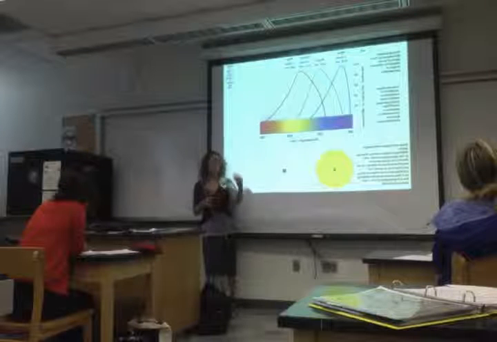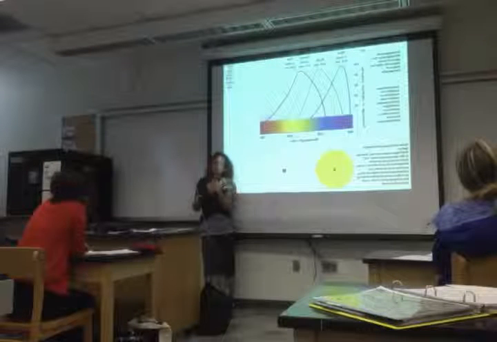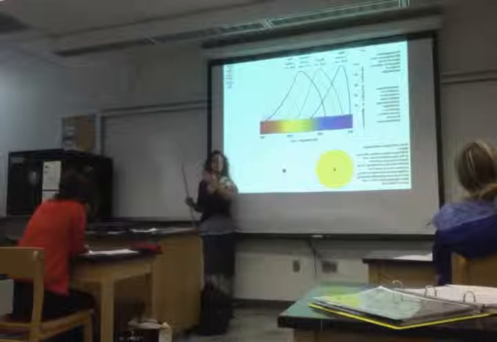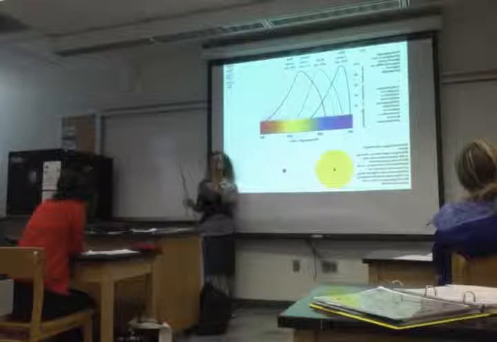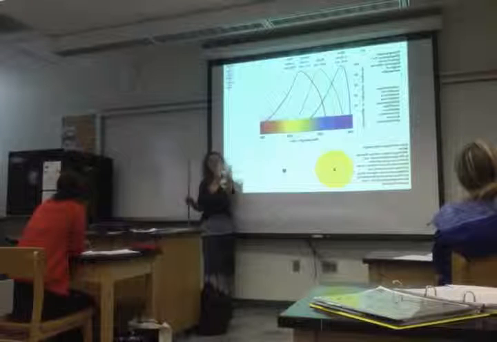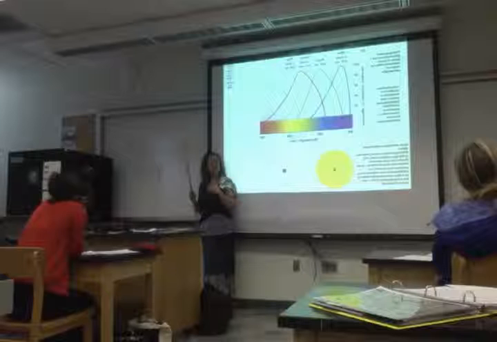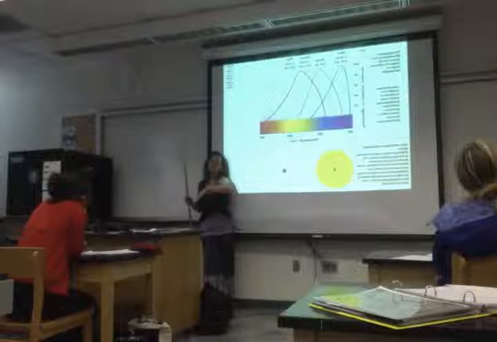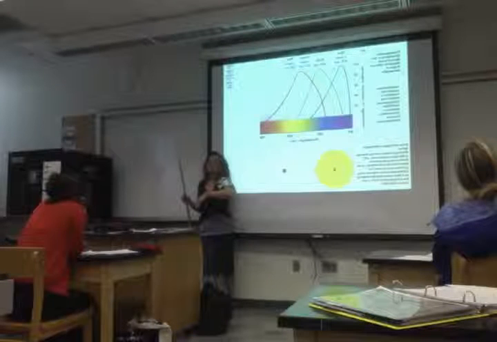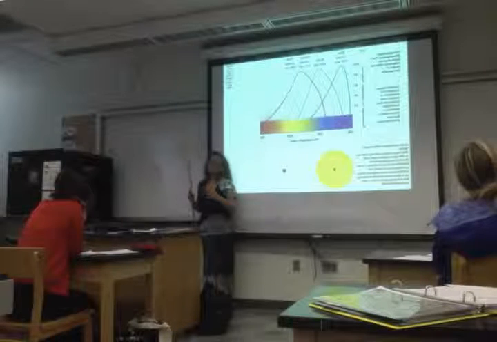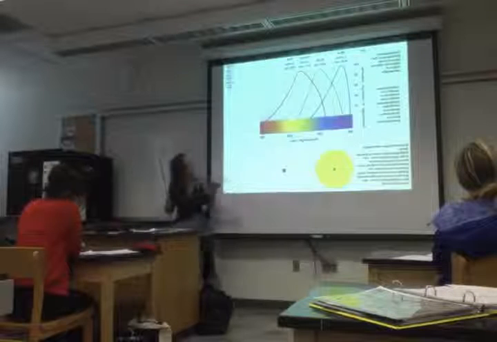So if red hits a cone that has retinol that's built to change its shape to red, boom, that's going to go right away. But if the red hits a cone whose retinol is more sensitive to green, it's not going to respond as much. Make sense? So that's the color stuff.